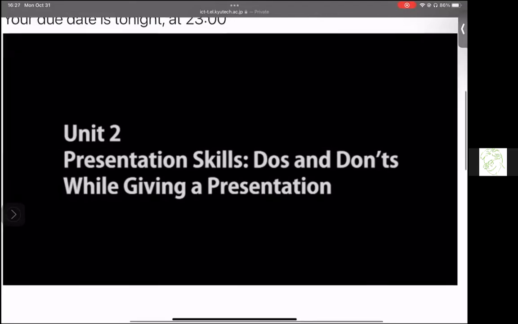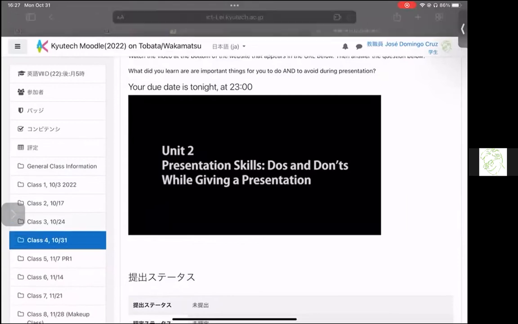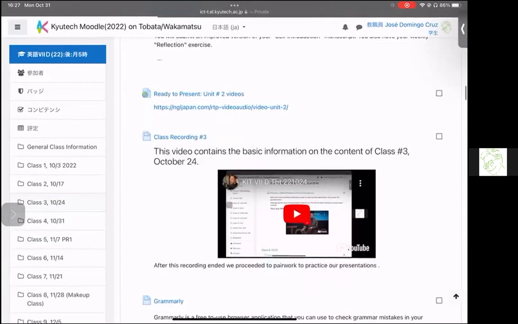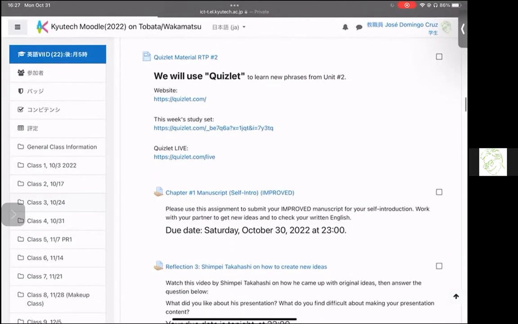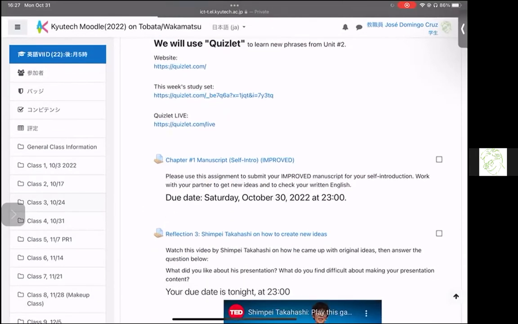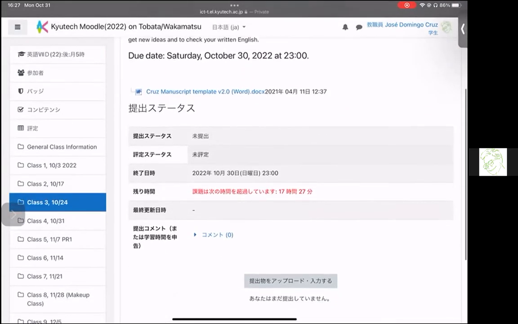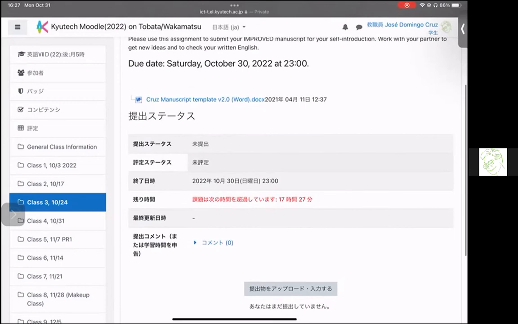Okay, so that's your reflection. Now, to do the work that we need to do today, I think some of you might have sent in your improved manuscript. No, nobody gave in their manuscript anymore, but this was due last week, and I want you to get ready by getting this manuscript out of your computer one more time.